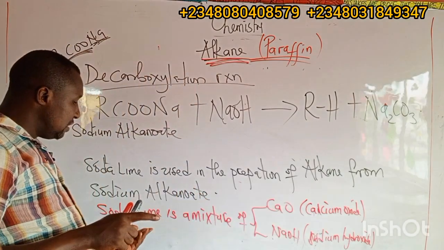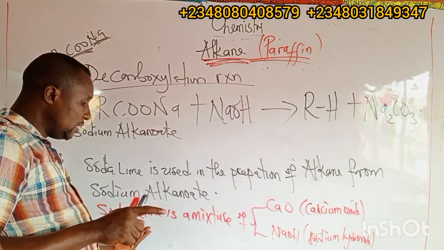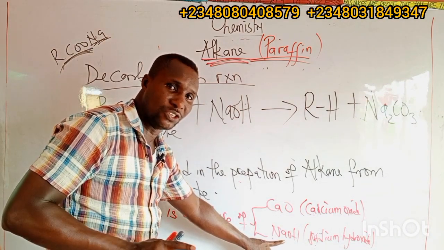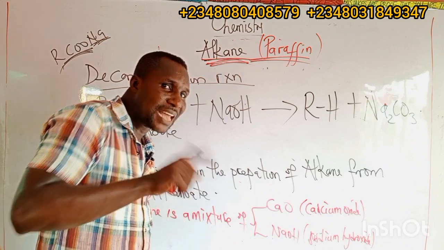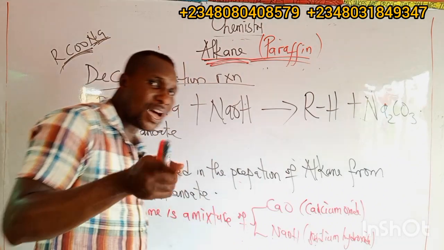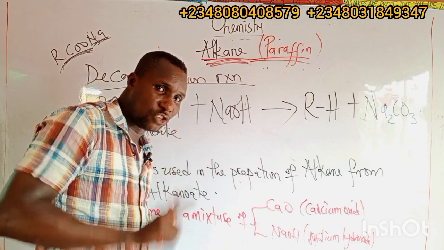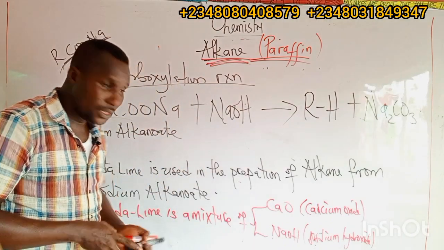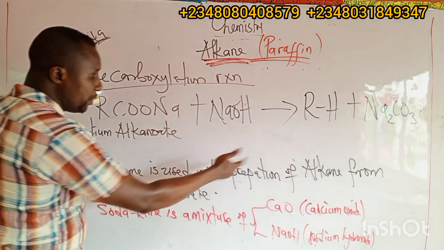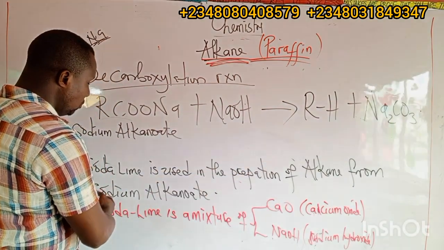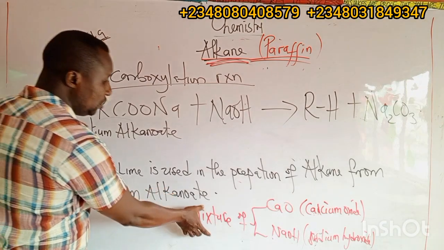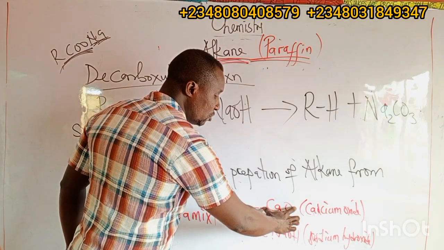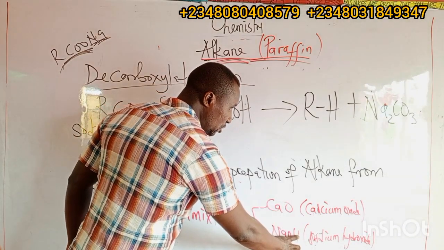But soda lime contains little amount of sodium hydroxide, so that sodium hydroxide cannot attack glass. That means soda lime does not attack glass and it's not a deliquescent substance. Take note. Have you written this? That means soda lime is used in preparation of alkane from sodium alkanoate, and soda lime is a mixture of two things: calcium oxide, which is quicklime, and sodium hydroxide.